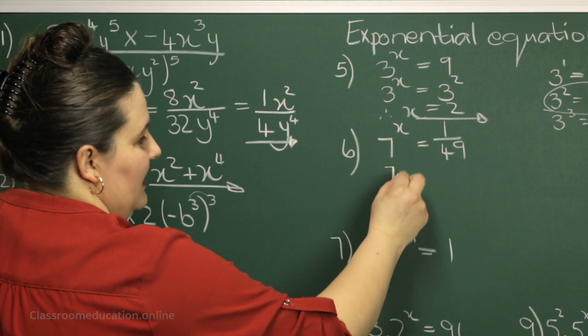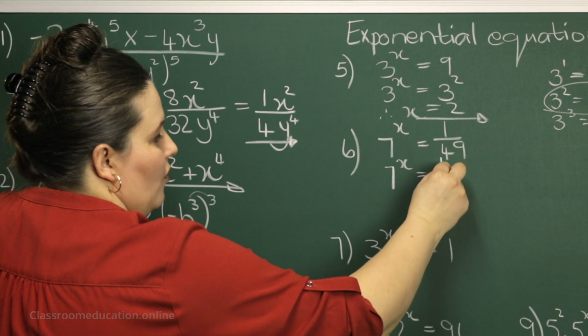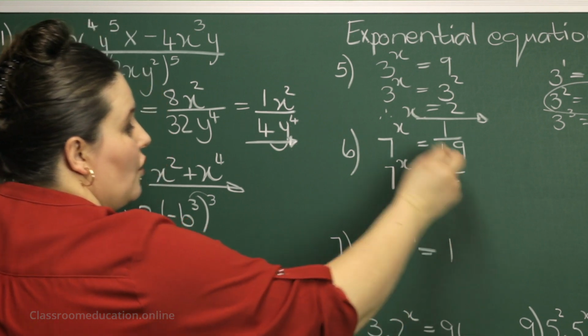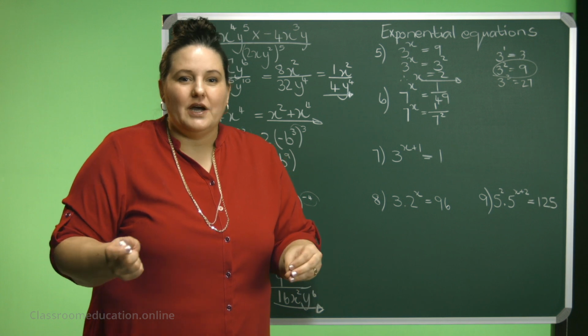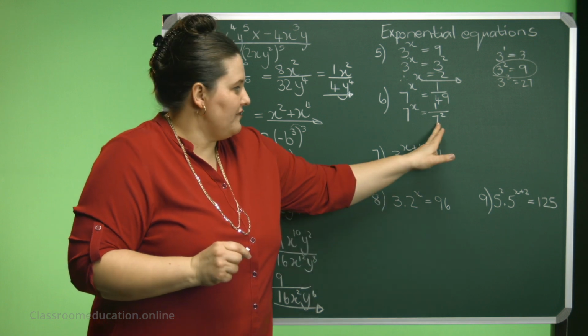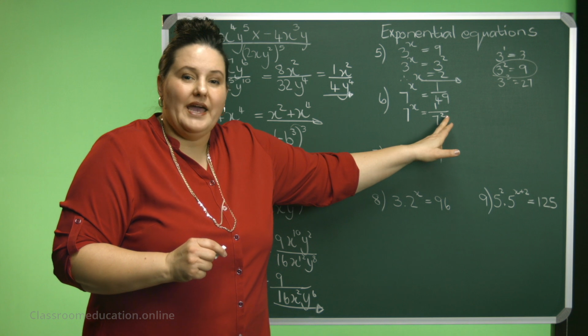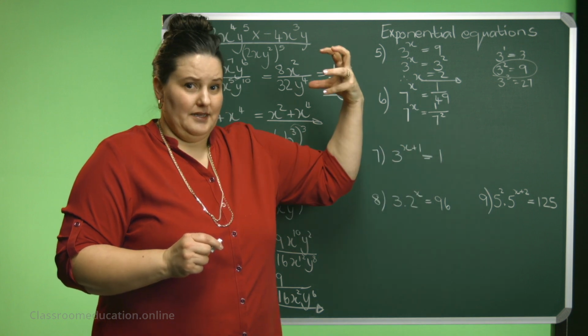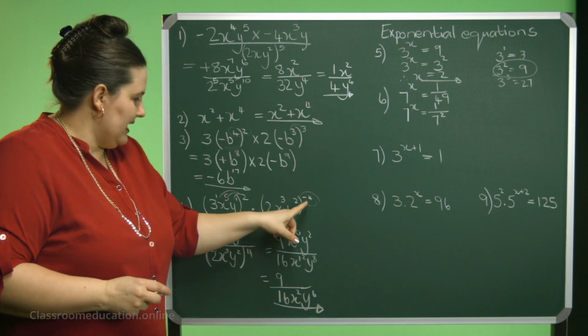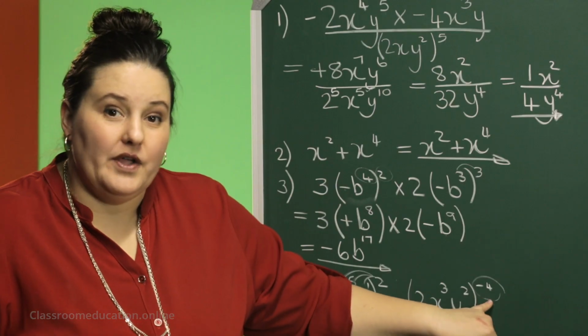So I have 7 to the power of x equals 1 over 7 squared. And now, boys and girls, similar to what we did earlier, I have my 7 squared in the denominator, but I want it in the numerator. Do you remember what we did when we had a -4 in the exponent?